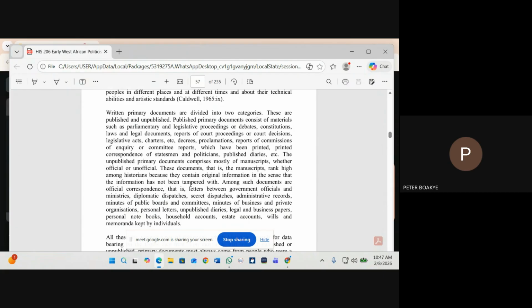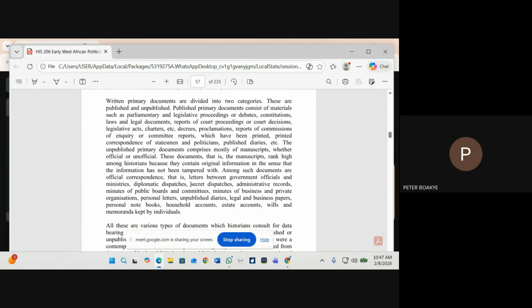The unpublished primary documents are made up of manuscripts, whether official or non-official, and these documents, that is the manuscripts, rank high among historians because they contain original information. So these are some of them. Now, these documents, as I said, are very important in the sense that the information has not been tampered with.